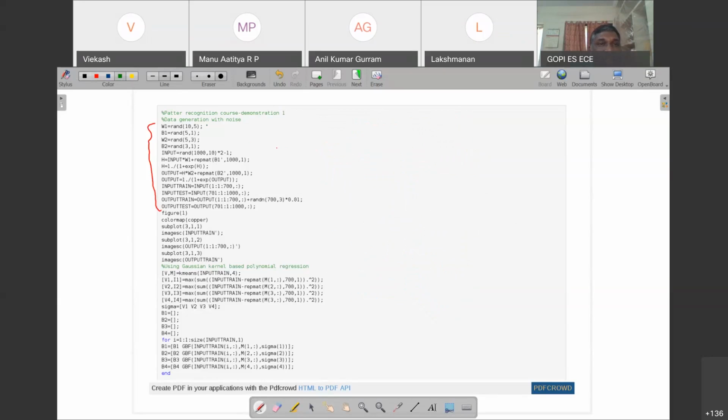So you have W1, B1, and W2, then B2, right? And what is the output? The output is basically you are simply multiplying W1 into the input, plus this bias.